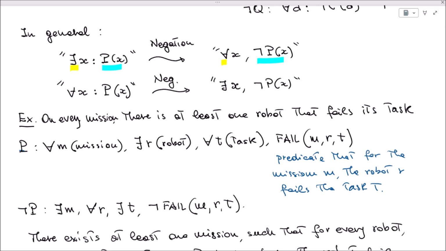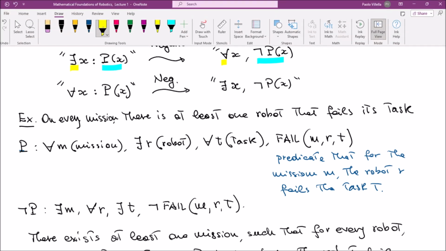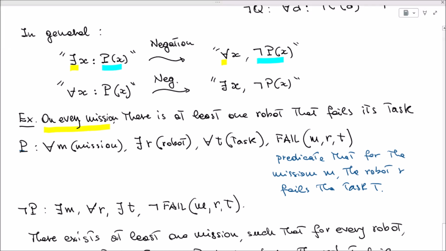We started from this original proposition: on every mission there is at least one robot that fails its task. So we are assuming that in any possible mission that we can think of, for example a robotic exploration, there exists at least one of the robots involved in the mission that is failing its task.